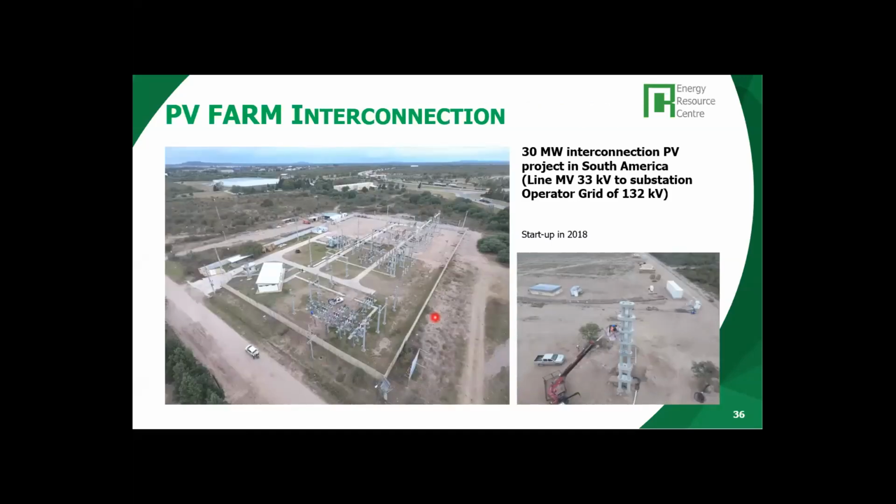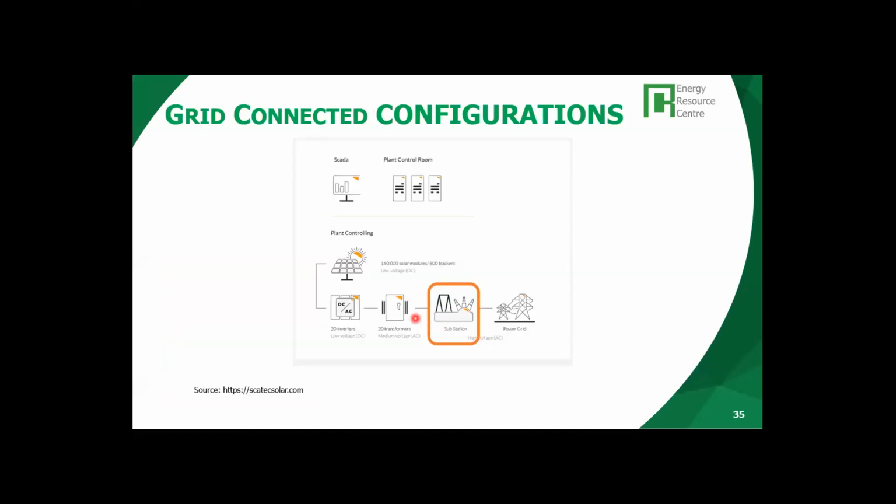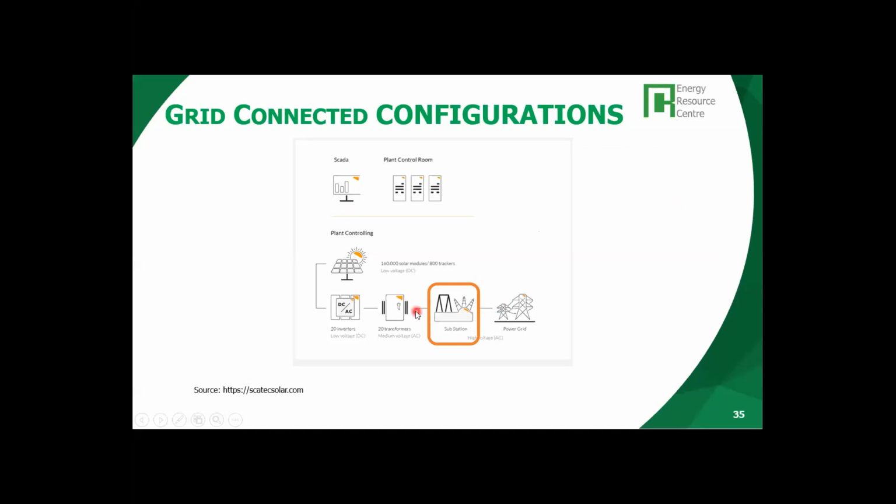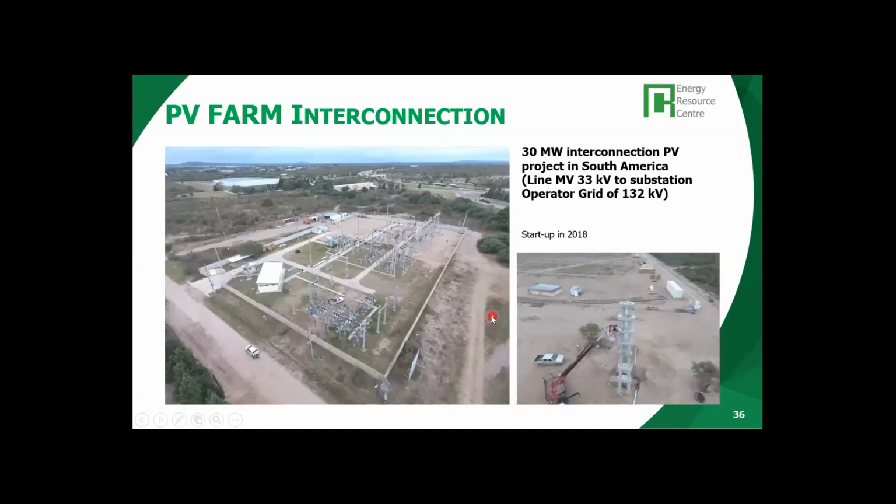We'll have two examples here, right? This is again for the 30 megawatt PV farm, an example from South America. This is a station receiving 33 kilovolts and sending 132 kilovolts to the grid operator, so stepping up the voltage and adapting it, frequency, etc., to the requirements of the grid.